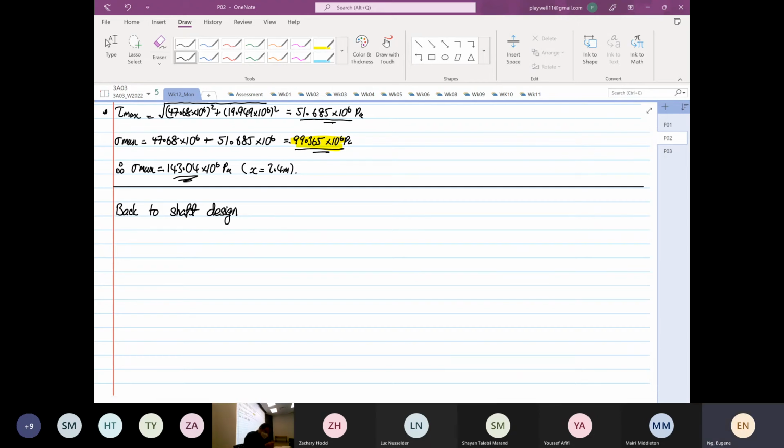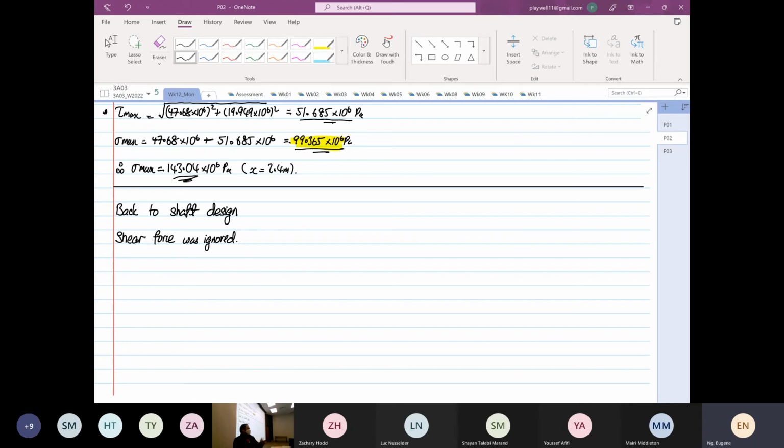In shaft design, the shear force was what? It was ignored, right? We deliberately ignore the shear force, and I was being obedient.